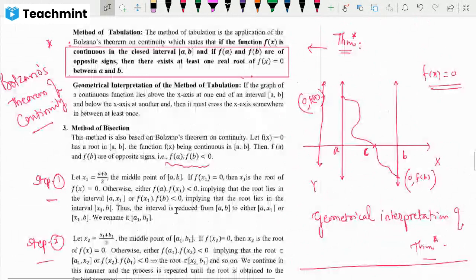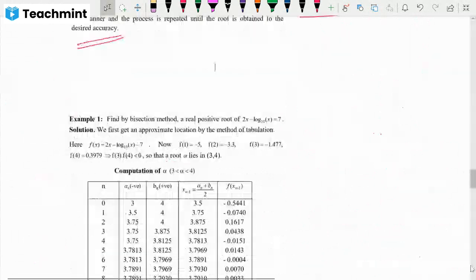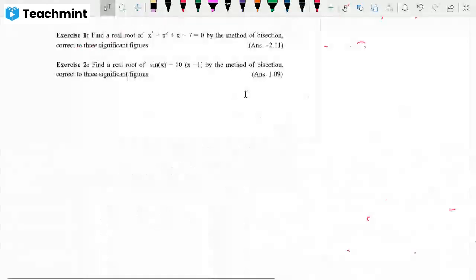So we'll solve one problem. Yes, we'll solve this problem.